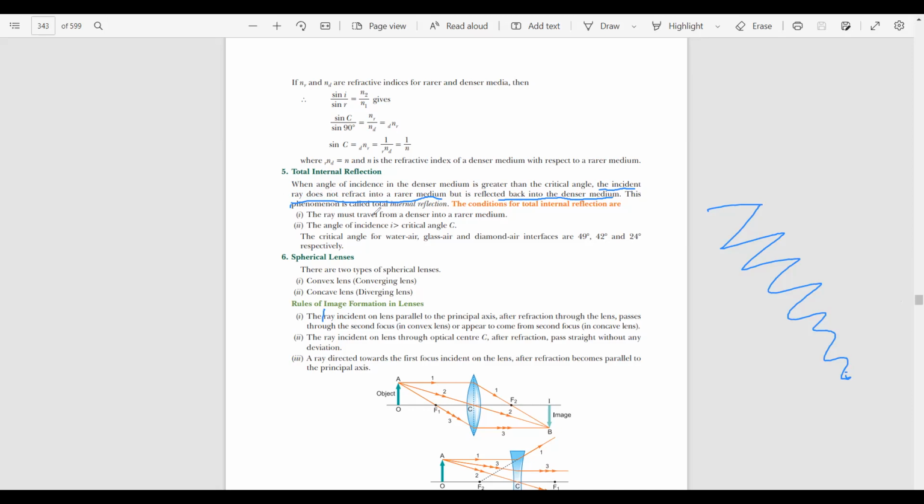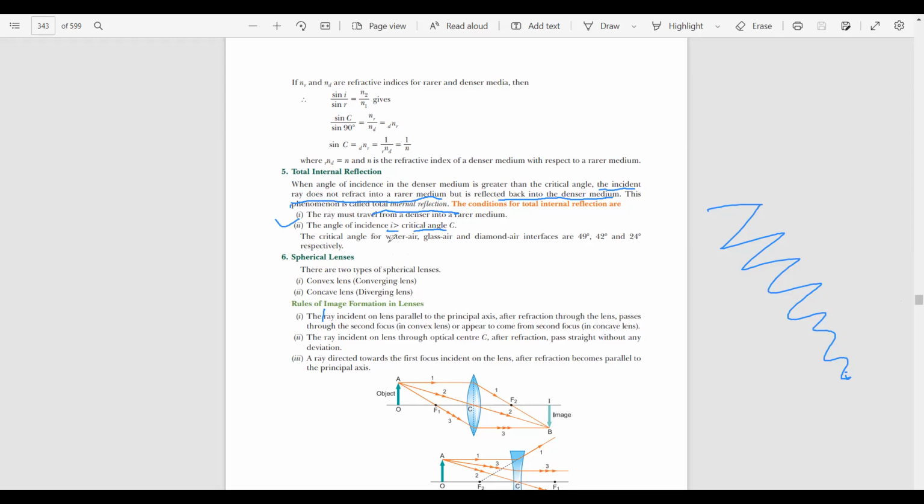This is called total internal reflection. Now, what are the conditions? The ray must travel from denser to rarer medium. The angle of incidence should be more than the critical angle.